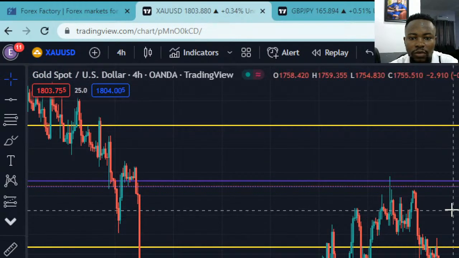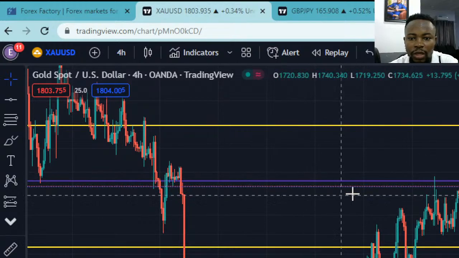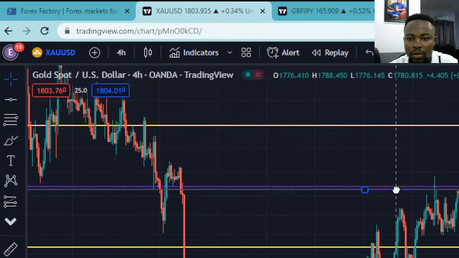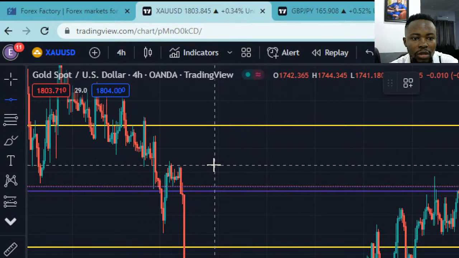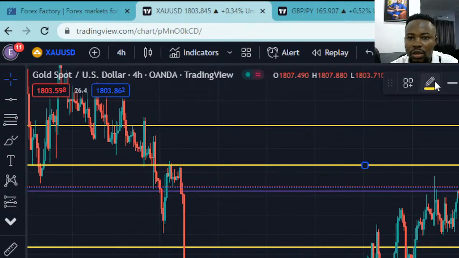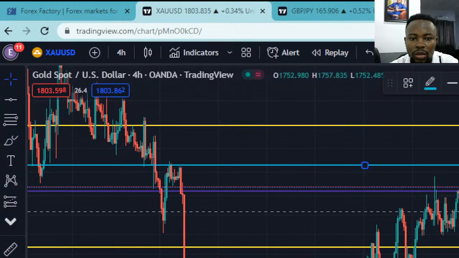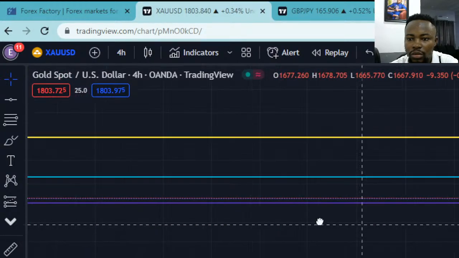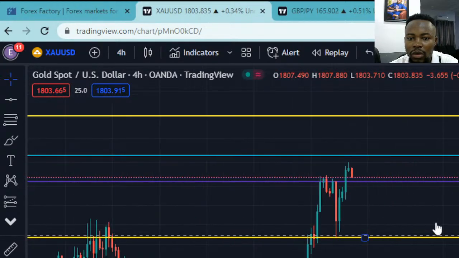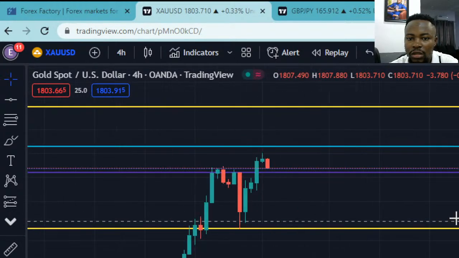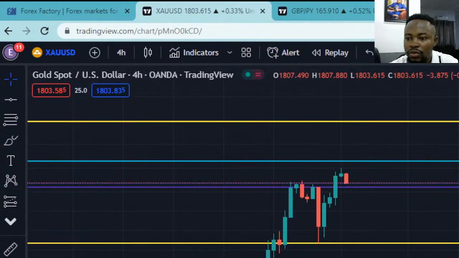So now looking to the left hand side, let's adjust this based on the 4 hours time frame, and we'll have another resistance in this area here, which we're going to make blue for the 4 hours. So now this current 4 hours broke resistance and closed above, right?